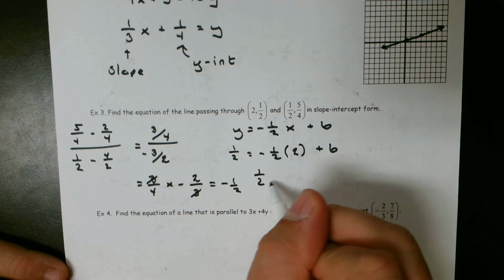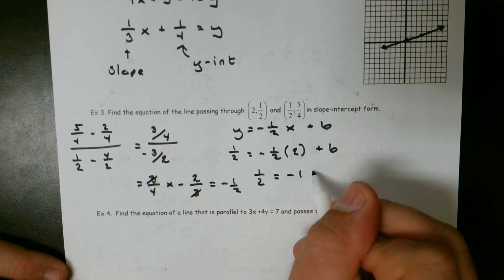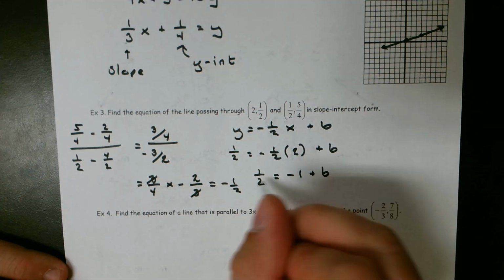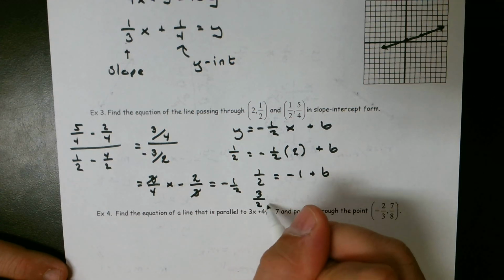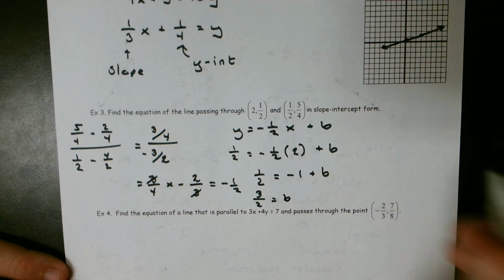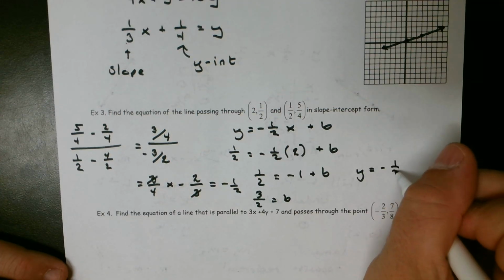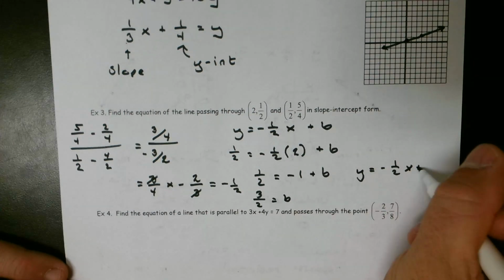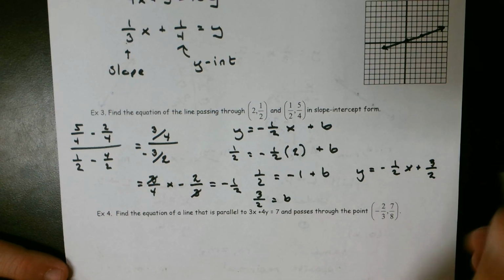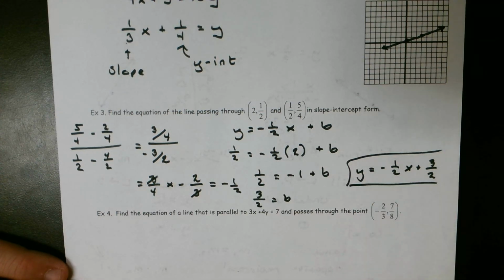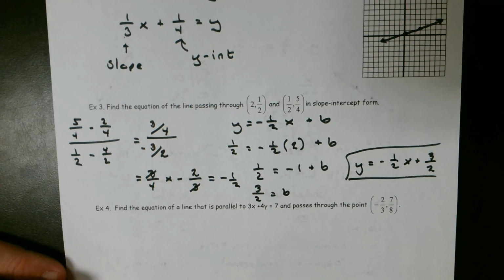So 1 half is equal to negative 1 plus b. I'm going to add 1 and get b is 3 halves. So our final equation is y equals negative 1 half x plus 3 halves. Final answer.